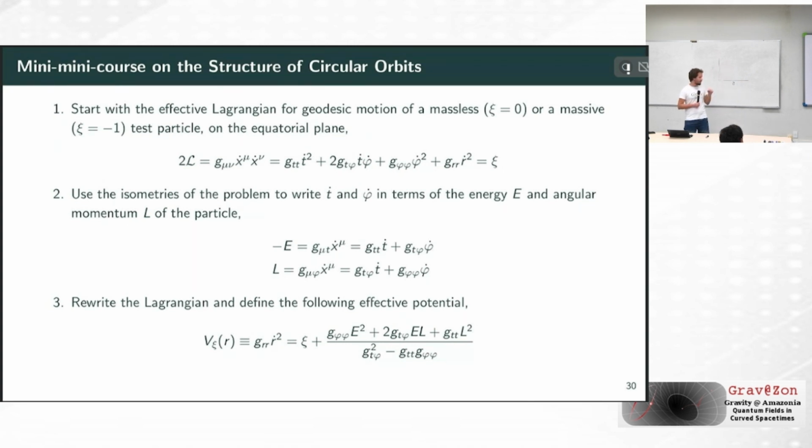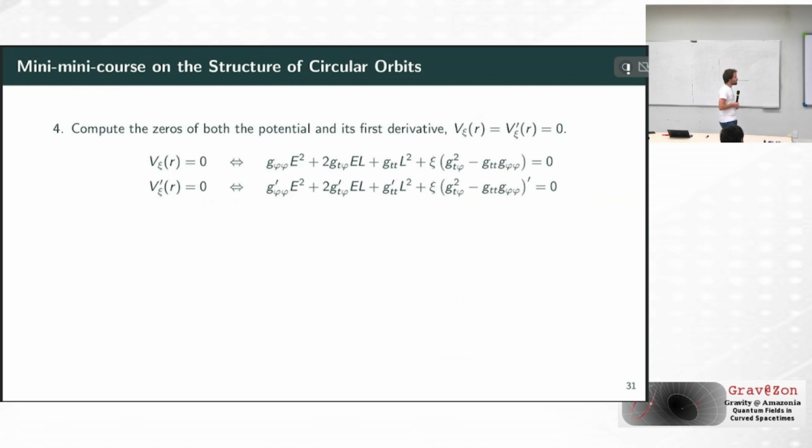If you expand, you will see that that means the radial derivative of that potential must also be 0. So, in the end, the potential and its radial derivative at some cycloorbit must be equal to 0. What we have to do is solve these two equations simultaneously. If you do so, you will find the cycloorbits.